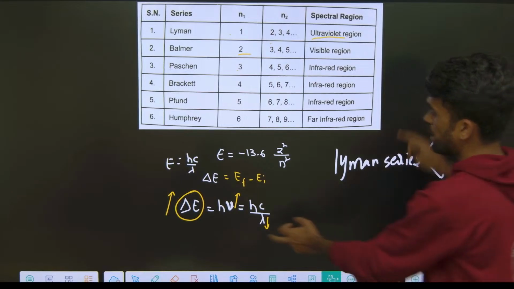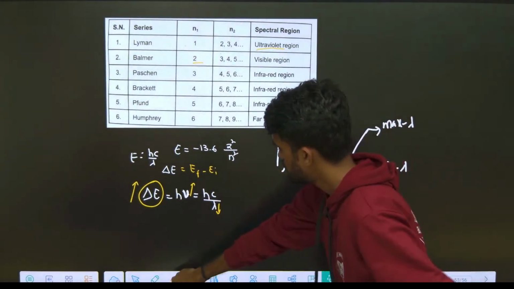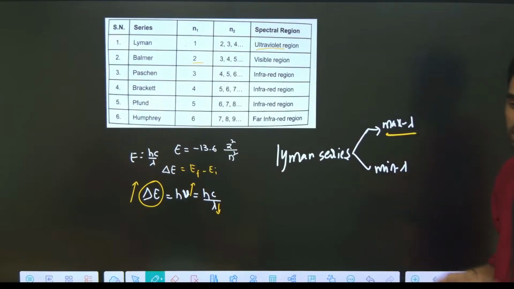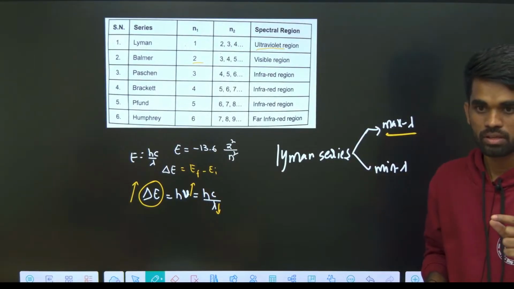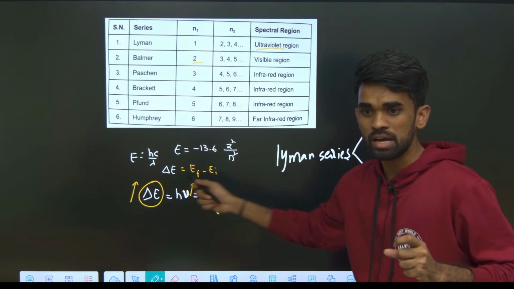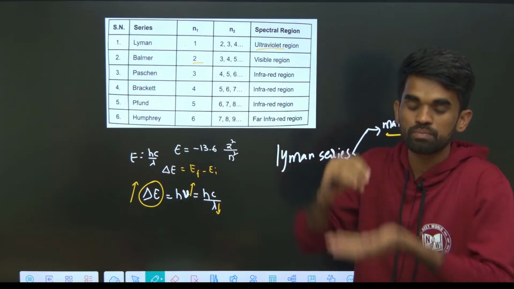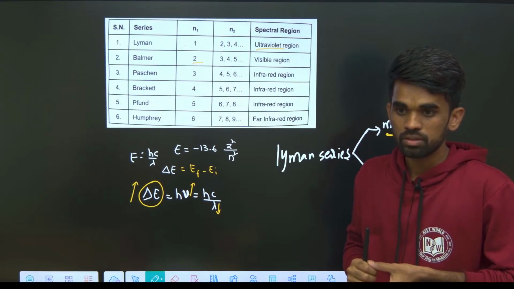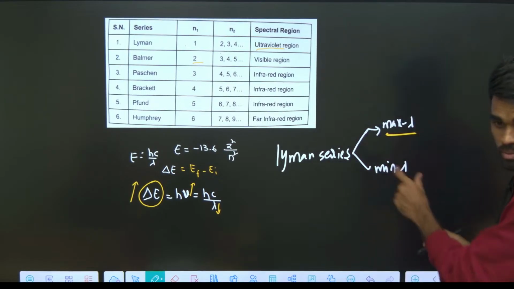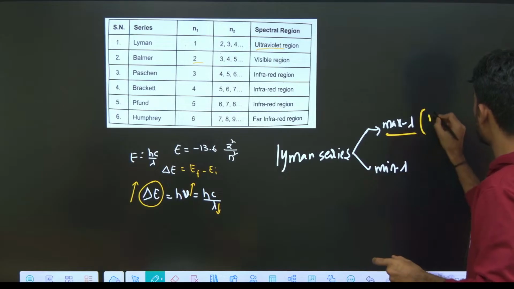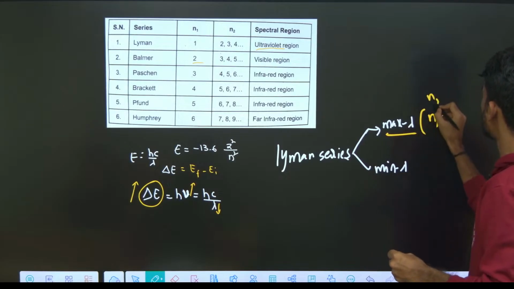Tell me from where to where you will say. Maximum lambda means minimum energy. Minimum energy is observed in which case? Energy difference should be minimum, 10.2 eV. 2 to 1 will be the minimum for Lyman. So I can say n1 equals 1, n2 will be 2.